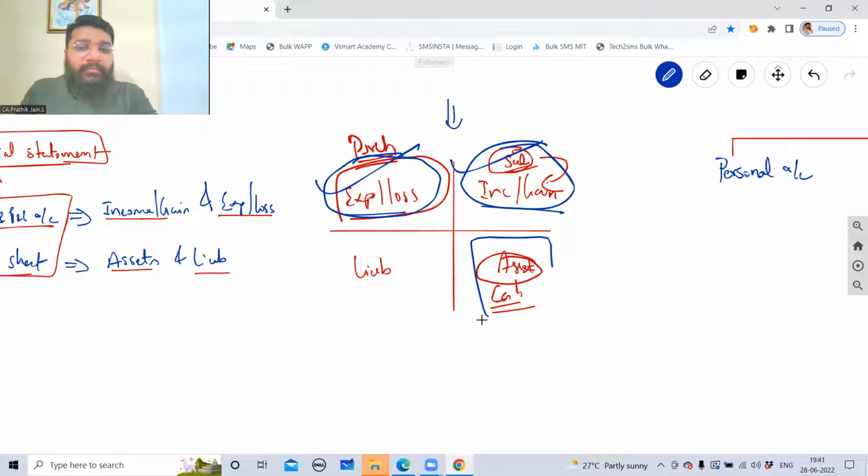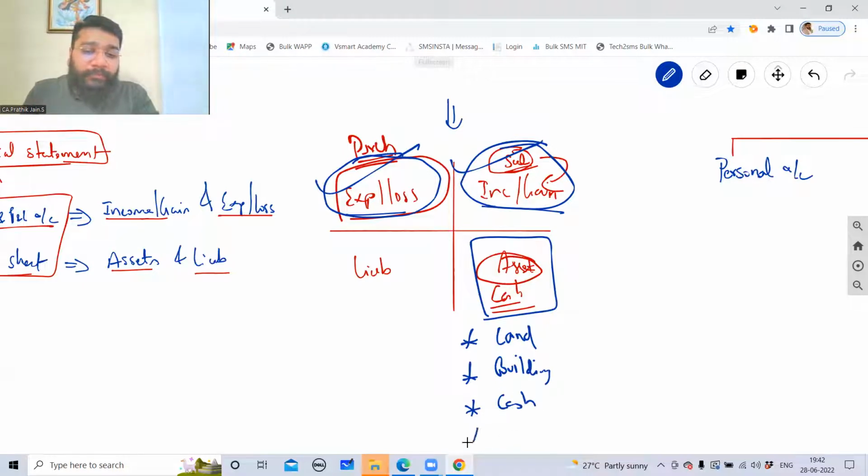So asset is being called by real account. So asset here means what? Land, building, cash, stock, anything.